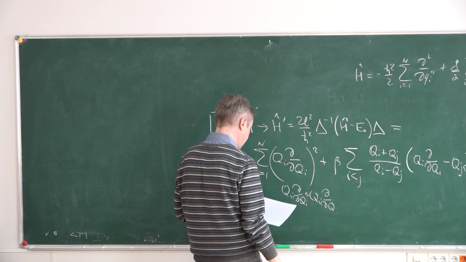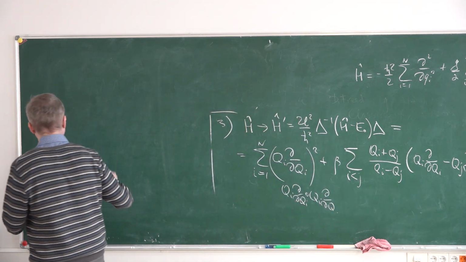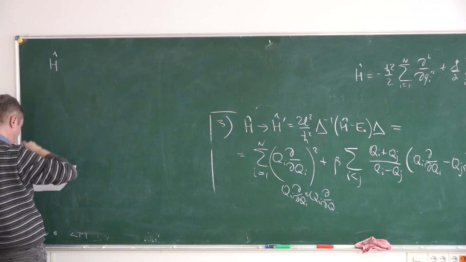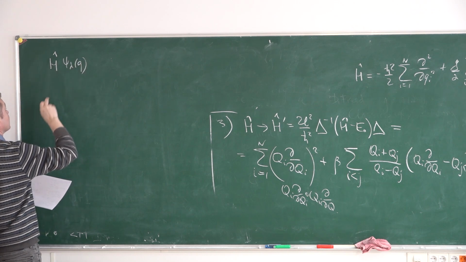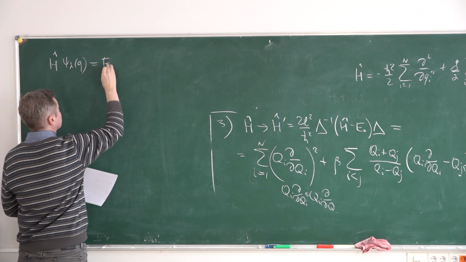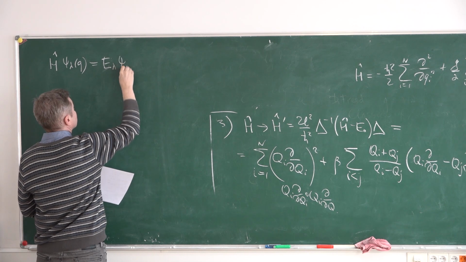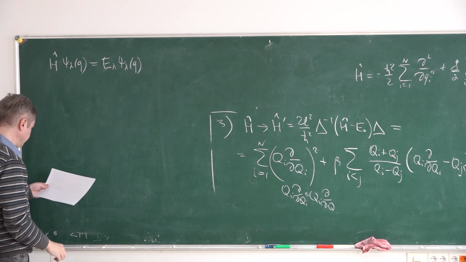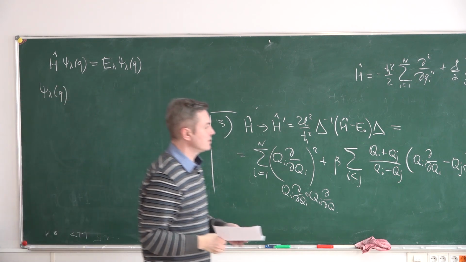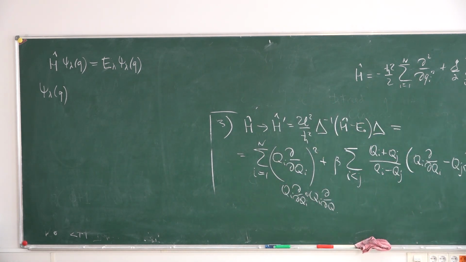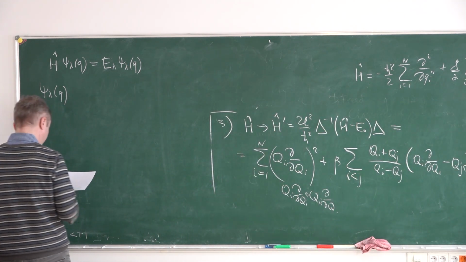If we do it, let me write what we have finally. We have a set of eigenfunctions for this H with some eigenvalues E lambda, and this psi is in fact just a product of this Jack polynomial and the ground state.